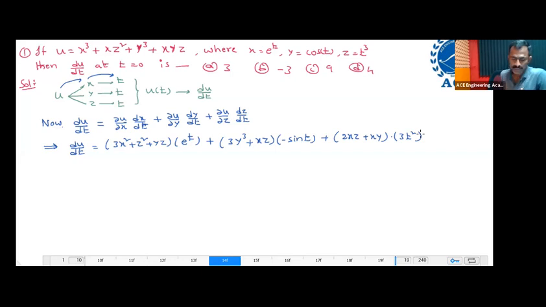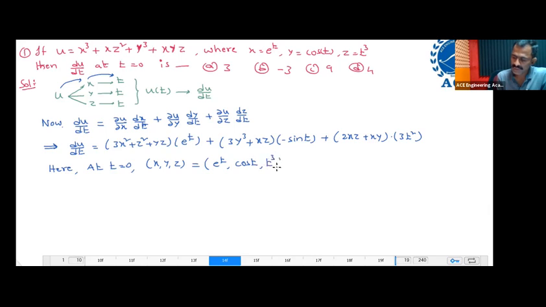This is the derivative du by dt, but we require the value of this derivative at a particular point, t equals 0. On the right hand side, the total function is not in terms of t only. Some are in terms of t, some are in terms of x, y, z only. Let us write x, y, z also in terms of t. Here at t equal to 0, x is e power t, y is cos t, z equals t cube.